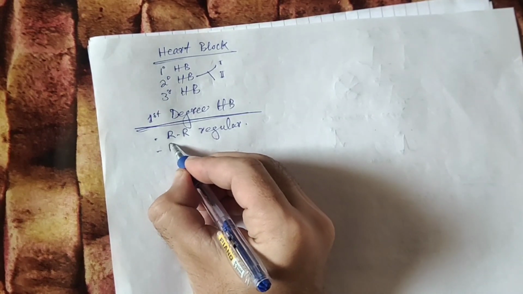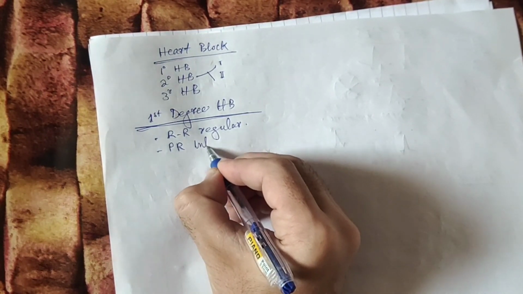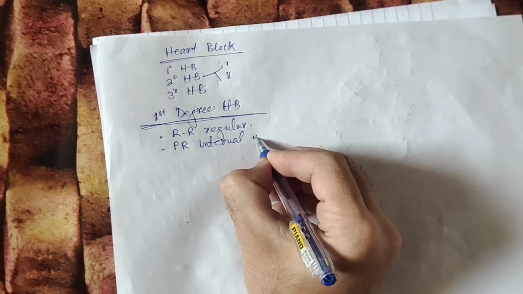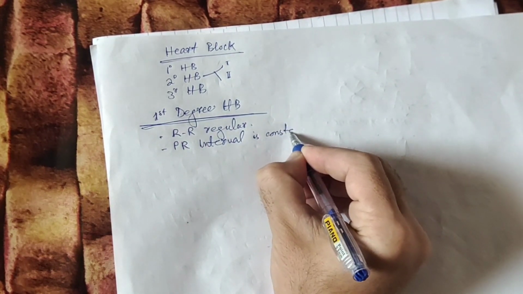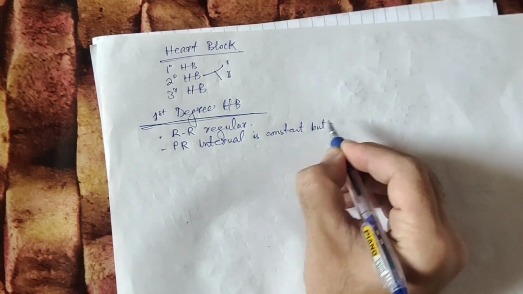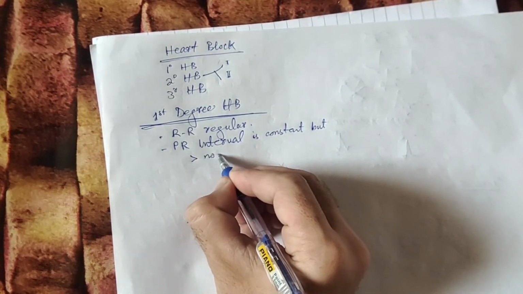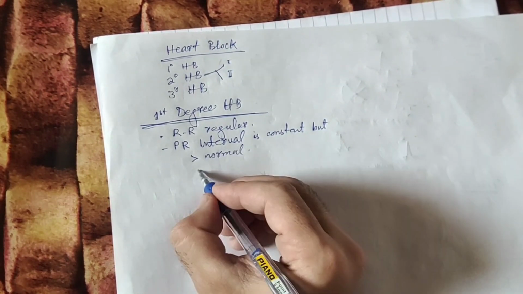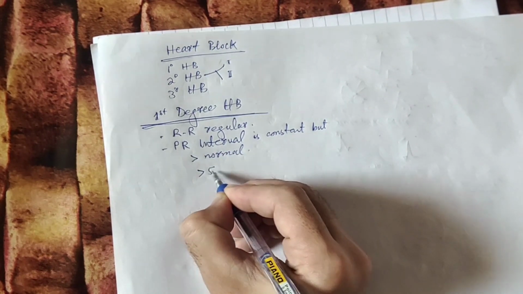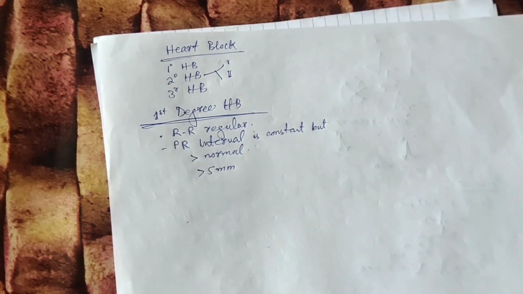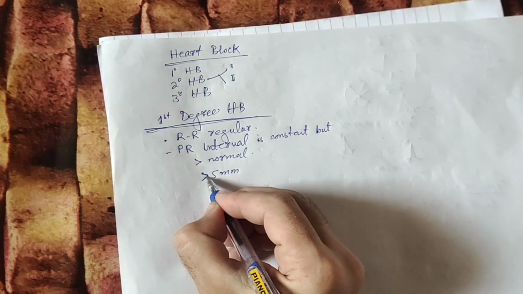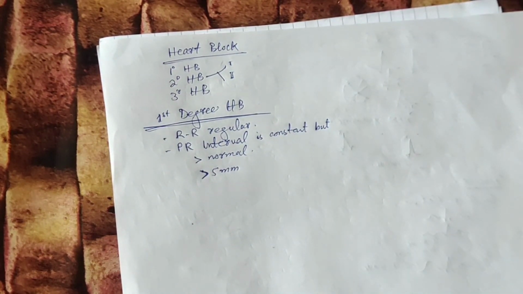The PR interval is constant, but more than normal, more than 5 millimeter. Normal is about 5 millimeter. When there is more than 5 millimeter, it means that there is first degree heart block, when RR is regular and the PR interval is constant but more than normal.